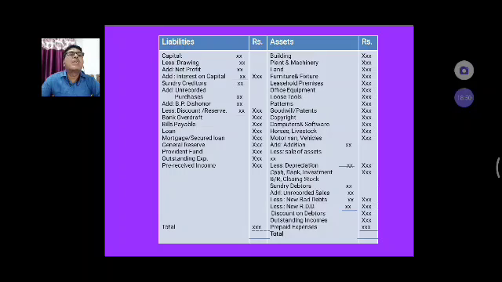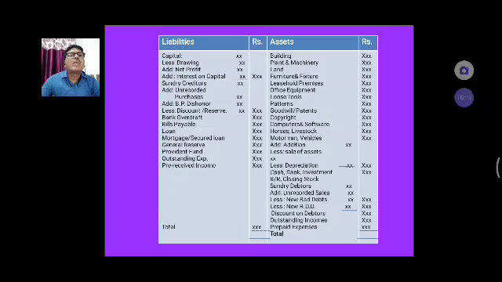Now, form of balance sheet. Look, the form of balance sheet: liability side, amount; asset side, amount. This is the form. First we take capital. In capital, less drawing, add net profit, add interest on capital.